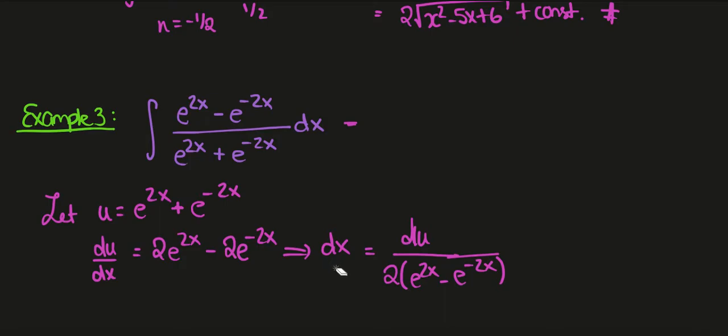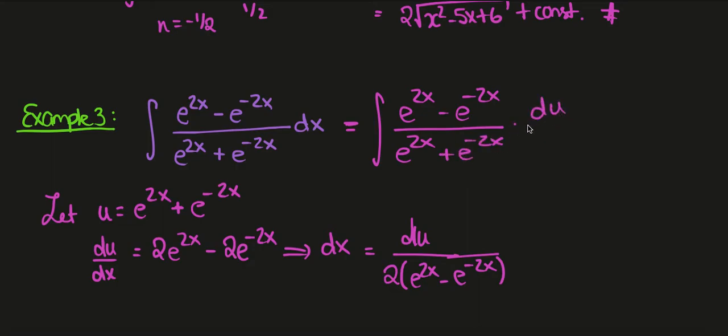Let's just do that. And so now our expression will be e to the 2x minus e to the minus 2x over e to the 2x plus e to the minus 2x times du over 2 times e to the 2x minus e to the minus 2x.